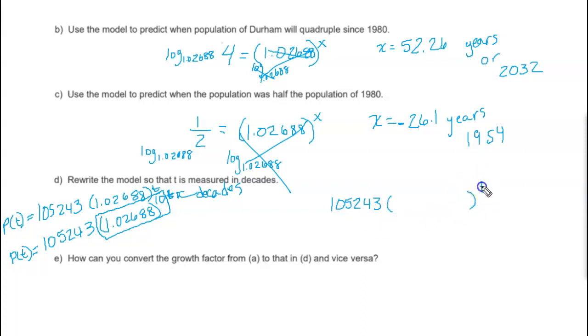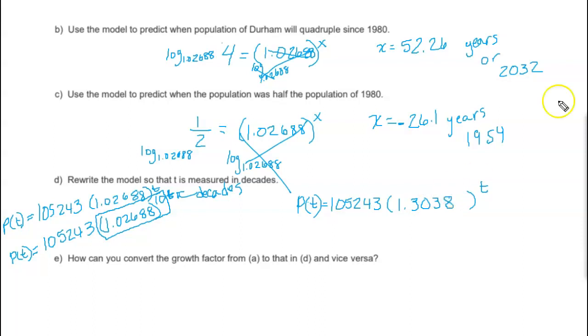that is just to the decades. And so for every decade, I could figure out what that's going to be. So 1.02688 to the 10th power is actually equal to 1.3038.